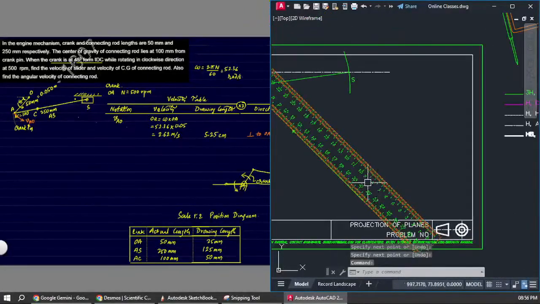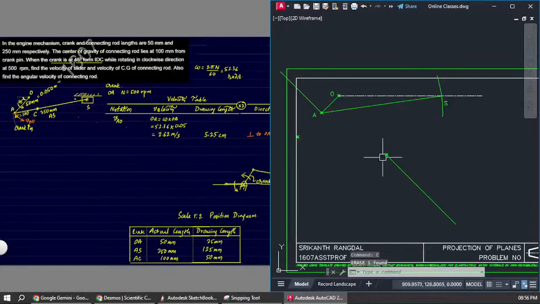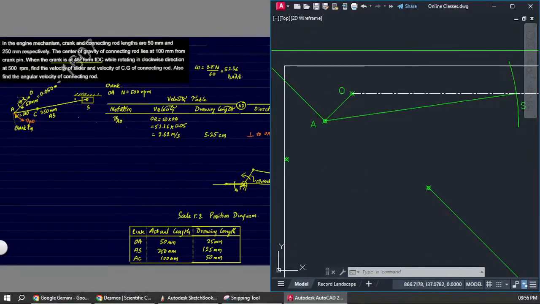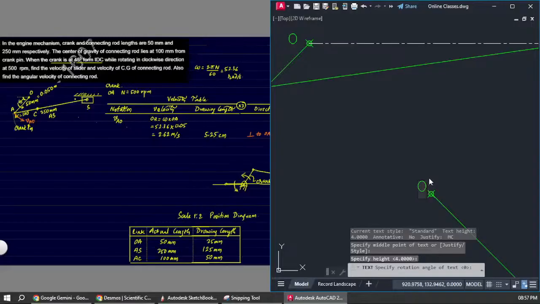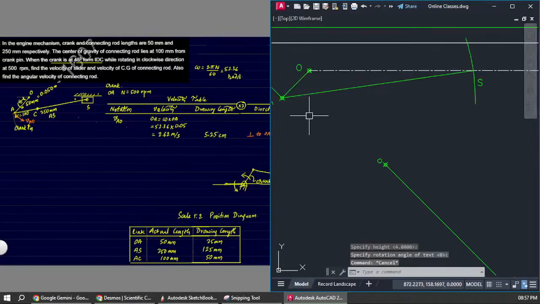Initially you can take the line of any length, because placing it exactly at 0 degrees will be a little problem. So first draw a line of any length from the reference point. The starting reference point for us is going to be the point O. Now this one we'll write with smaller alphabets to avoid confusion between the velocity diagram and the position diagram. So this is the point.